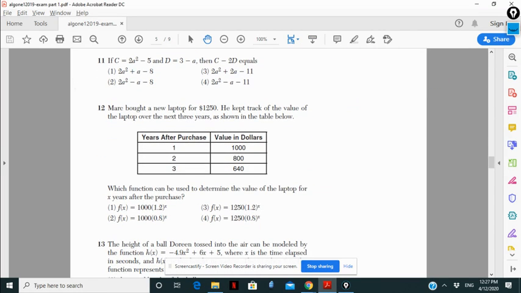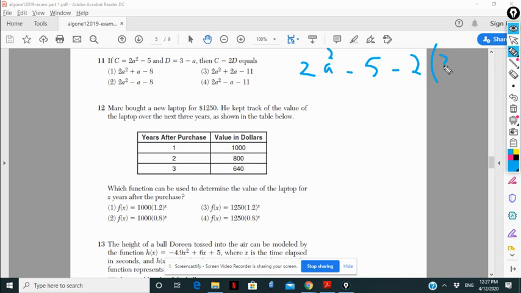Question number 11. c equals 2a squared minus 5, and d equals 3 minus a, and then c minus 2d. So c is 2a squared minus 5, minus 2 times d, and d is 3 minus a. I'm going to distribute. So 2a squared minus 5 minus 6 plus 2a.